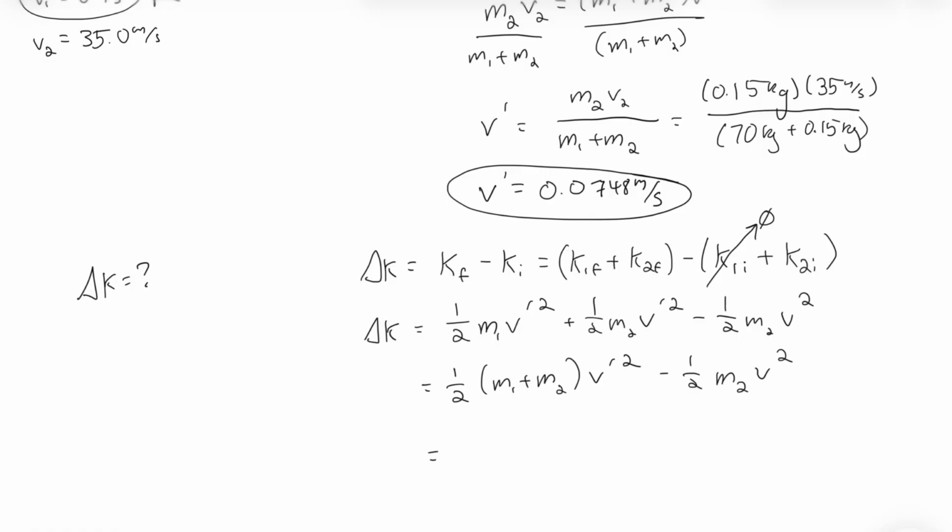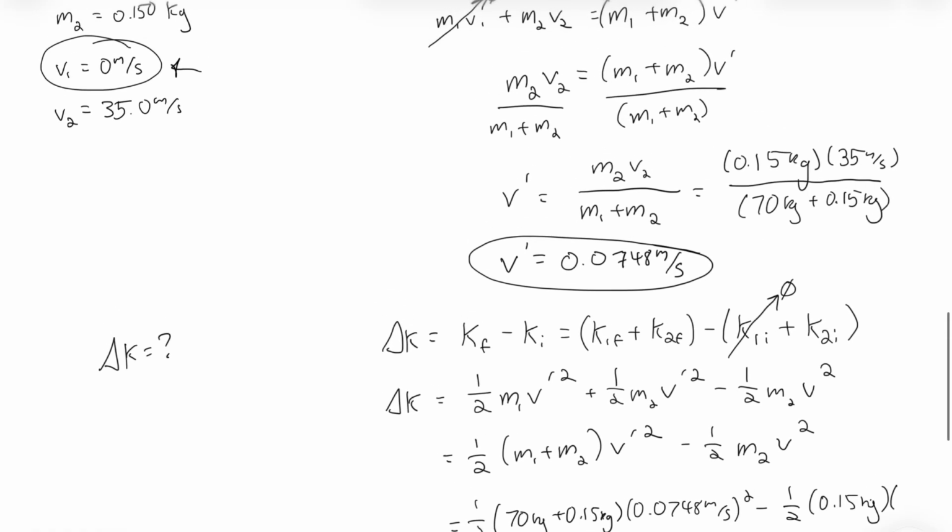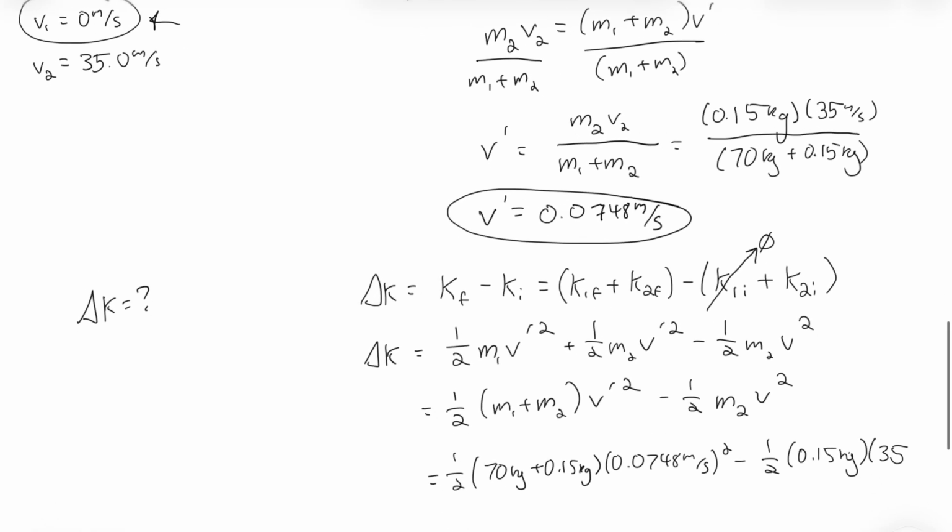Then if we plug in our numbers, we end up with 1/2 times 70 kilograms plus 0.15 kilograms times our final velocity, which we found to be 0.0748 meters per second, squared, and subtract out 1/2 times the hockey puck's mass times its initial velocity squared, which is 35 meters per second squared.